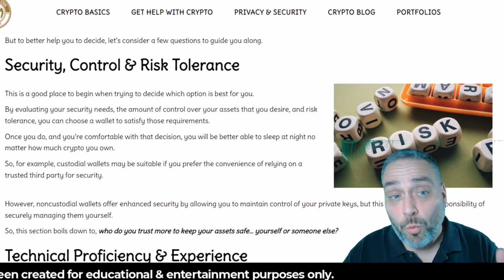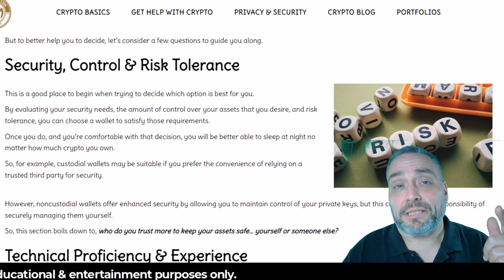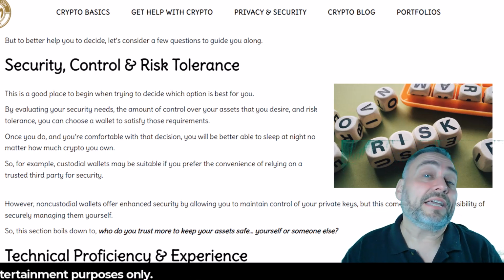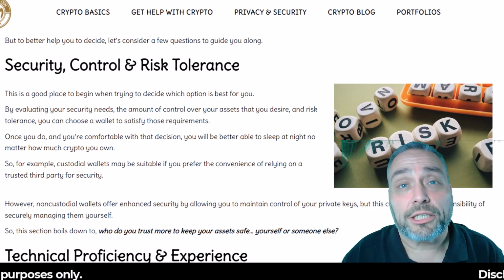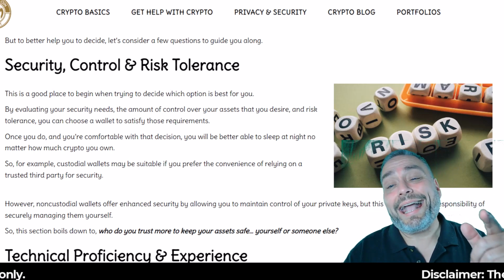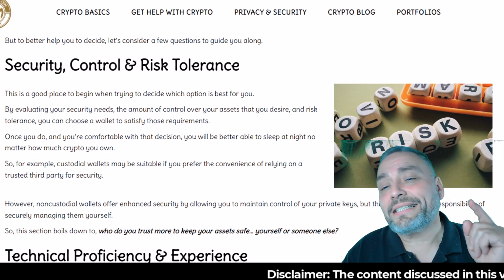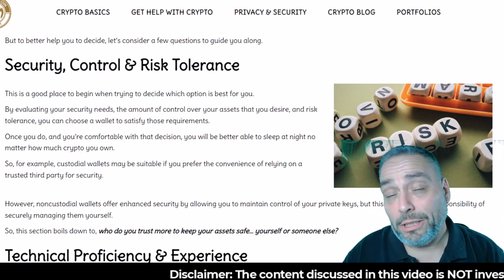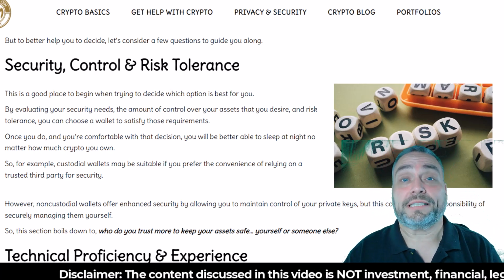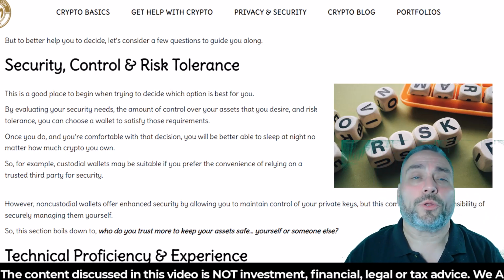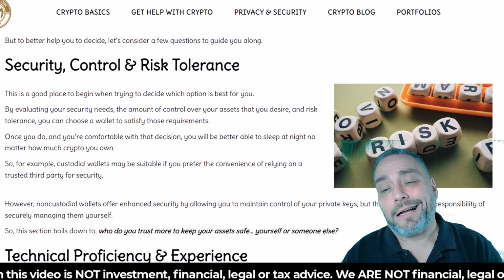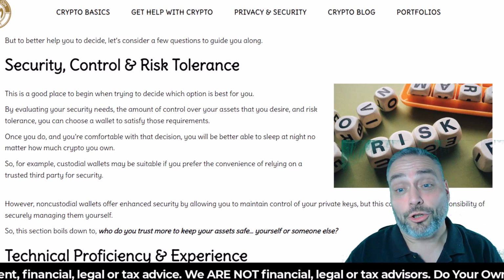Well, if you want to be able to decide how much security to have, if you want to have complete control of your cryptocurrency, and if you feel like you are competent enough that it's not risky at all for you to take care of your cryptocurrency, that it's more risky to give it to a third party, then a non-custodial option is what you're looking for.